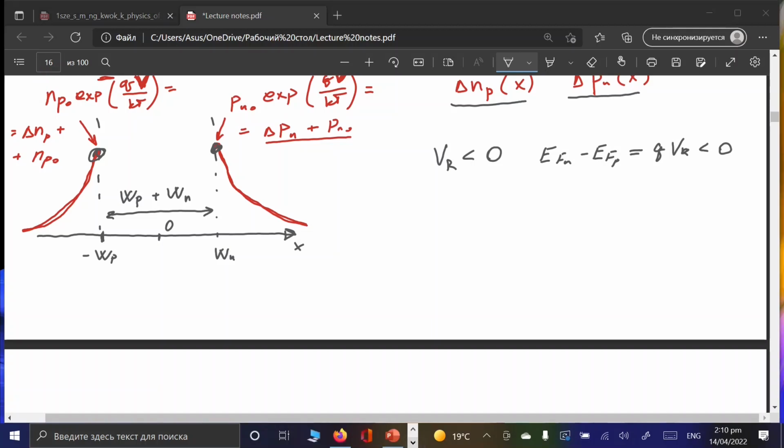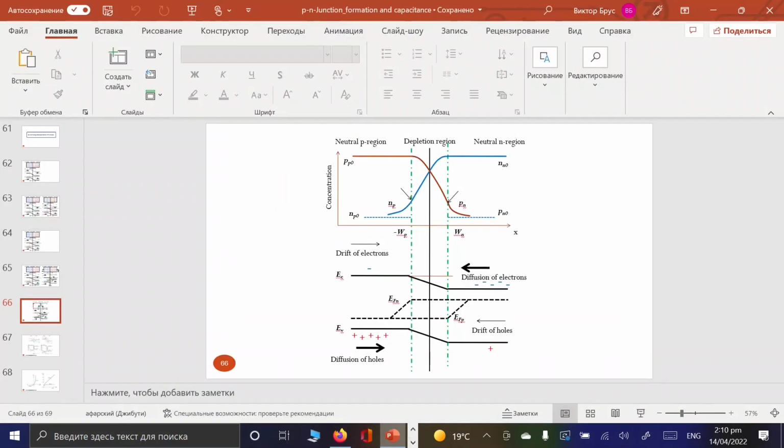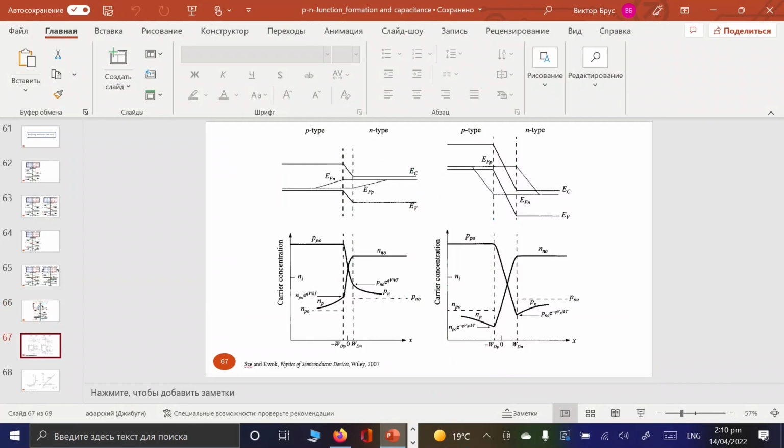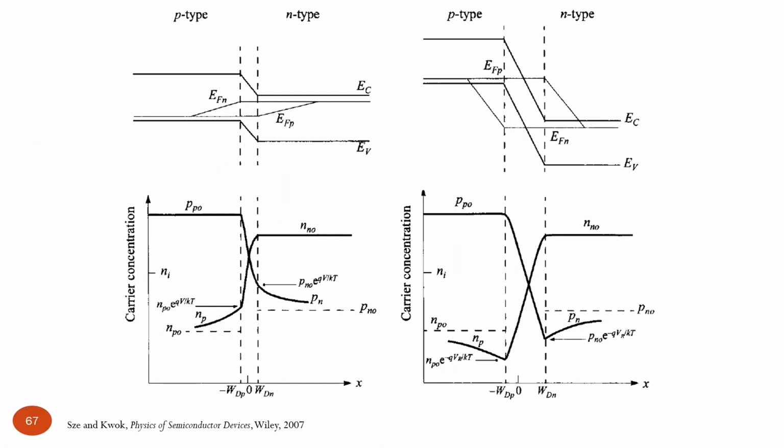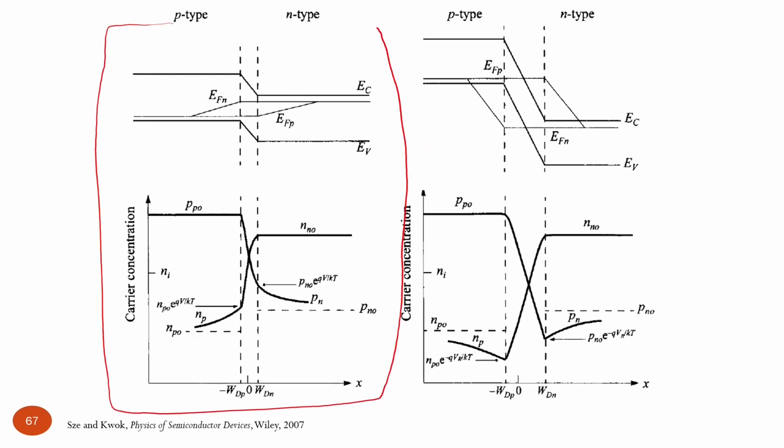So here's this one. This part on the left is about forward bias, when we have more minority charge carriers at the interface than equilibrium charge carriers.